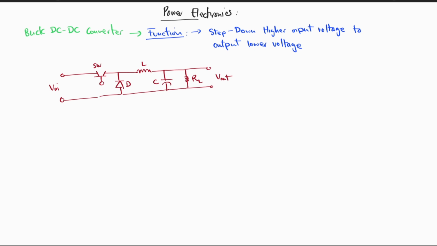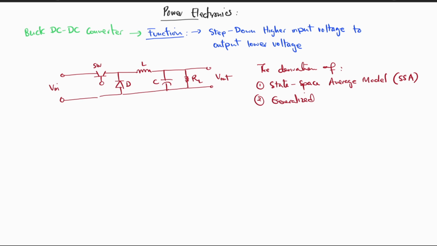And also I will discuss the derivation of this buck converter in terms of the state space average model, which we normally call SSA, and I will discuss the generalized state space average model, GSSA.